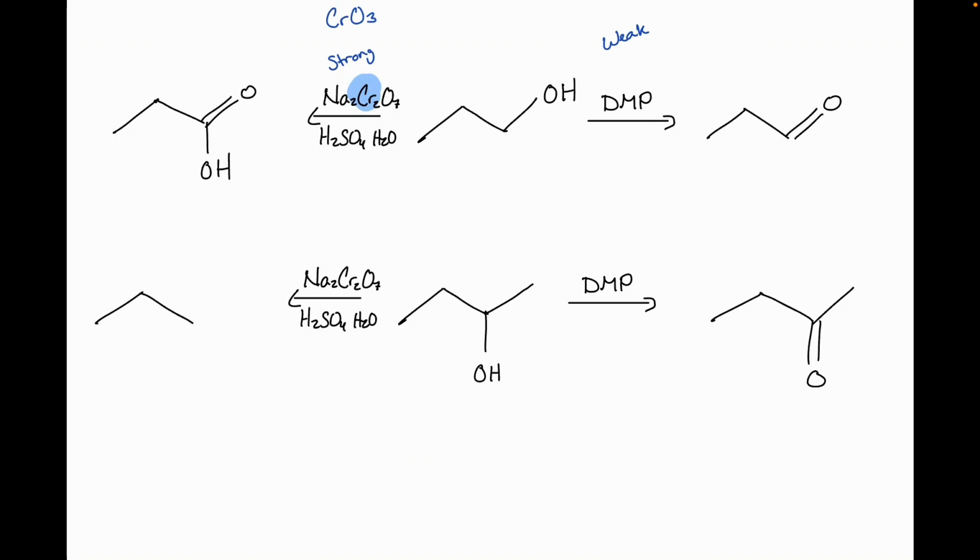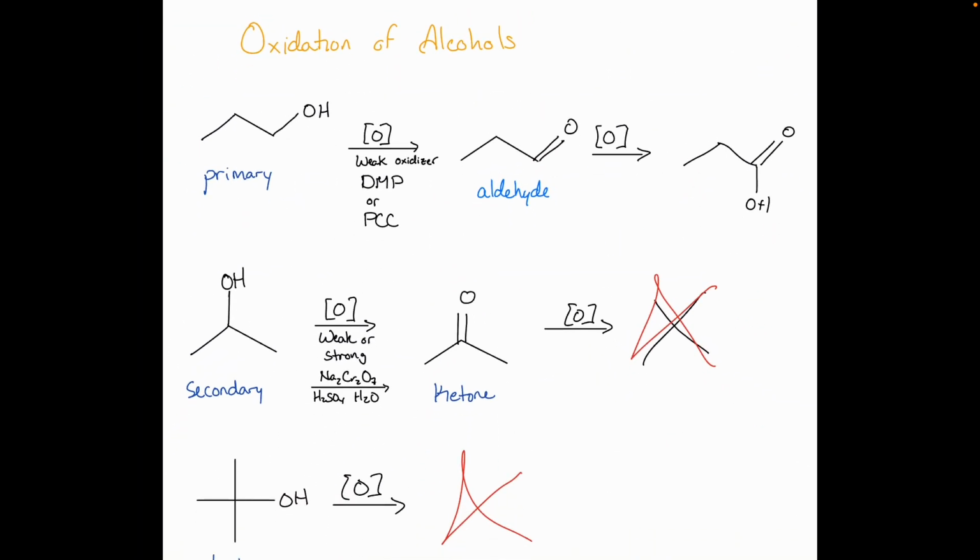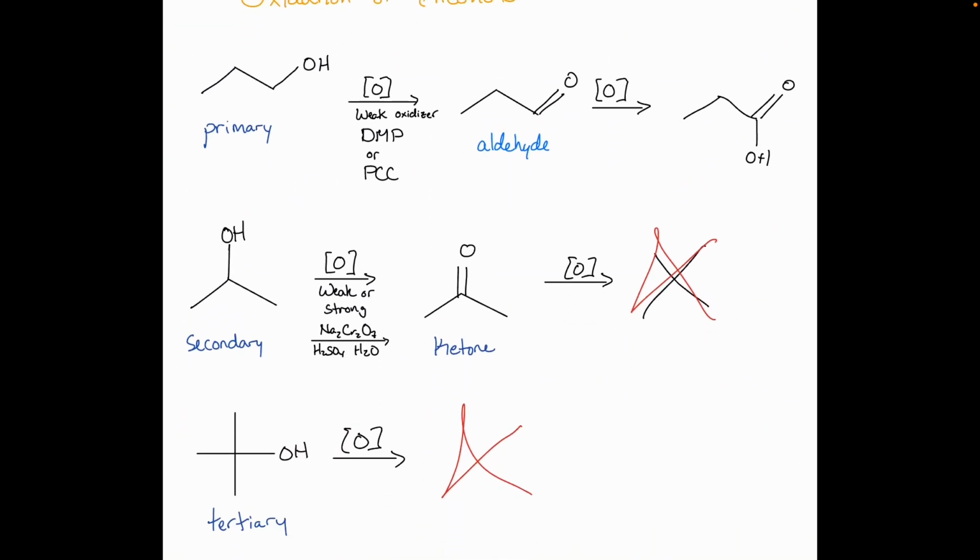We can't further oxidize it. It gets stuck, right? So that's what this chart is telling us. Primary alcohols, we can oxidize once to aldehydes, or fully oxidize to a carboxylic acid. But a secondary alcohol gets stuck at this step. You can't further oxidize it. And a tertiary alcohol, you can't oxidize at all.